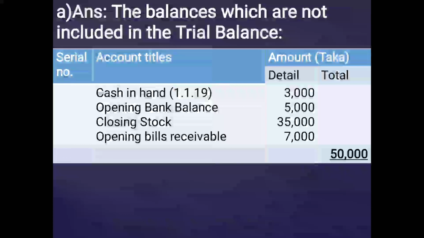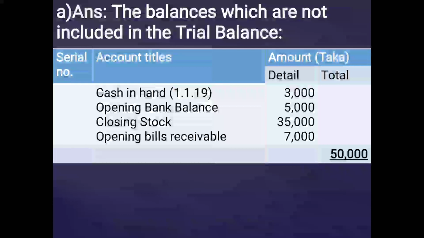Dear students, from the rules and procedure of preparing a trial balance, generally the items not included in trial balance are: opening cash balance, opening bank balance, closing stock, opening bank overdraft, and opening current assets and opening current liabilities, which changed in the accounting year.